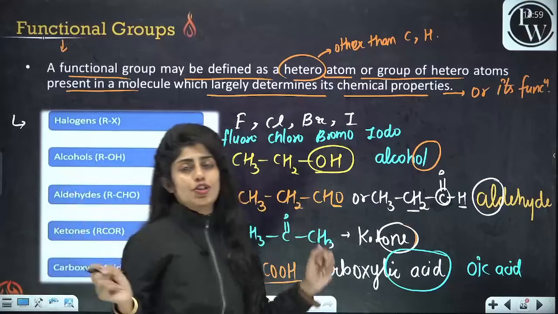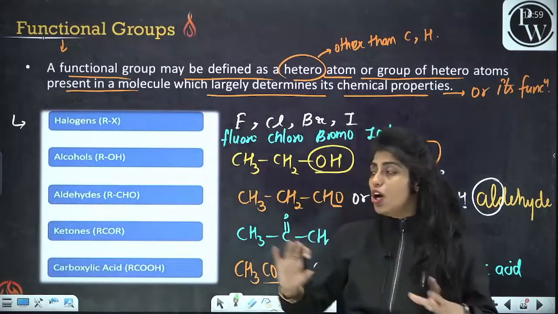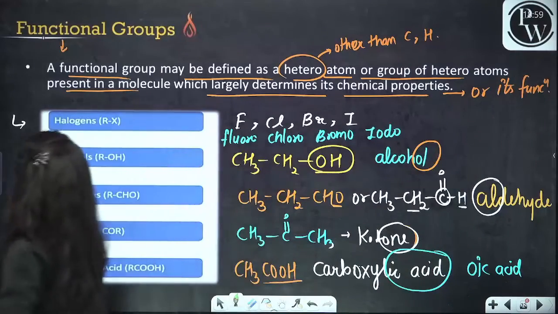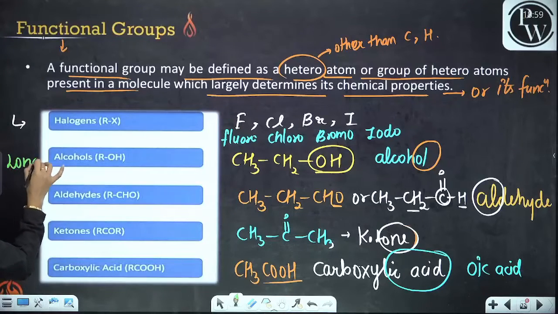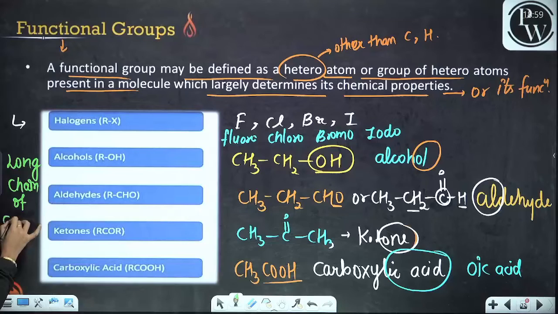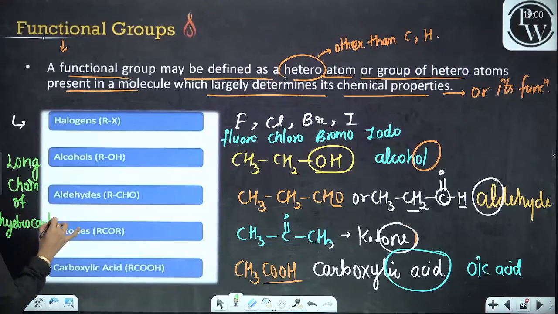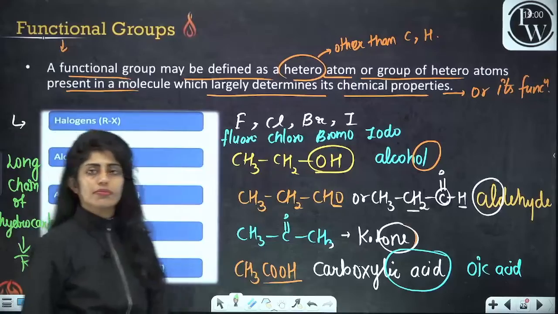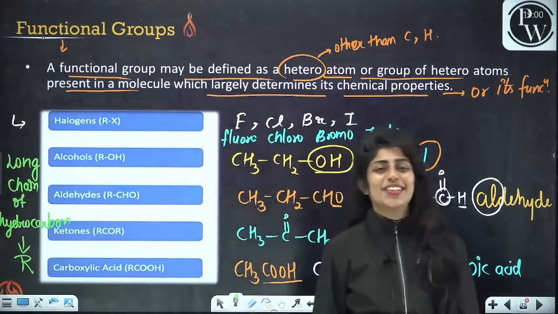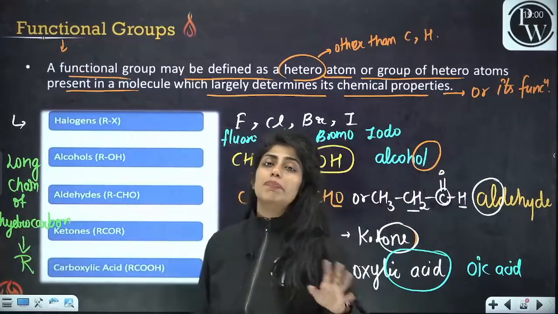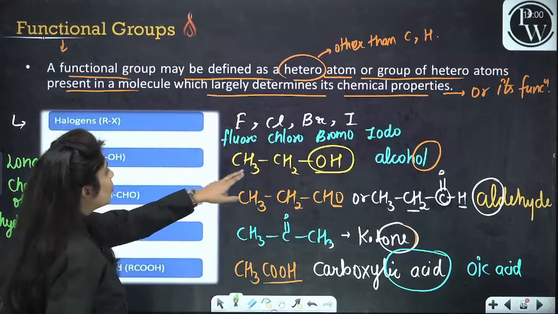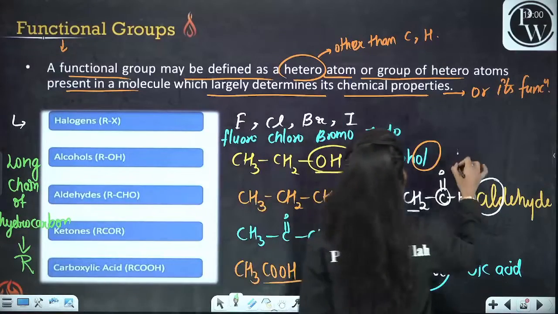Now, the most important thing I would highlight here. These CH3, CH2, a long chain of carbon and hydrogen, or you can say the hydrocarbon, you can represent it by R. Yes, really, of course. So if I want to write this, it can be written as ROH.